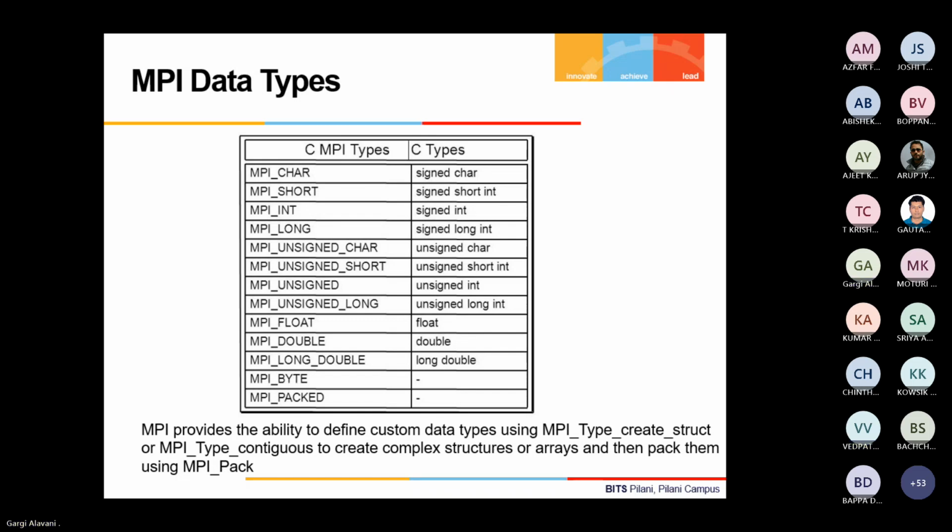Ma'am, if we consider the byte requirement for, let's say, an integer, typically it is 4 bytes depending on the type of machine. If we have MPI int corresponding to it, does it have more information than what an integer holds?